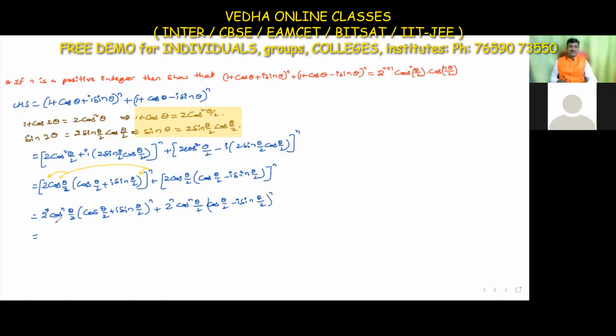In these terms, 2 power n and cos power n theta by 2 are common in both. So I am taking 2 power n into cos power n theta by 2 common. Then the remaining terms are (cos theta by 2 plus i sin theta by 2) whole power n plus (cos theta by 2 minus i sin theta by 2) whole power n.